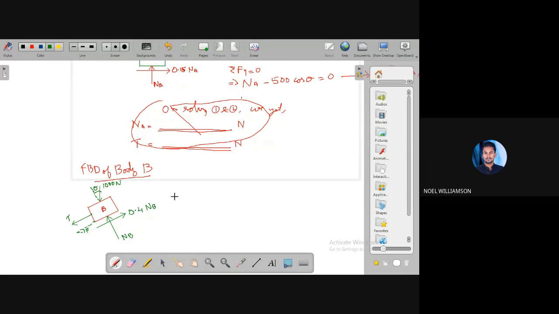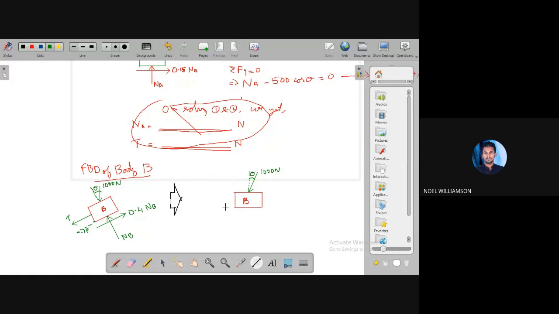So as we have done in the previous case, we are just tilting, so we can change the free body diagram in this particular manner, that is this is block B, and the forces acting, first of all the weight, this is theta, and the weight is 1000 Newton.